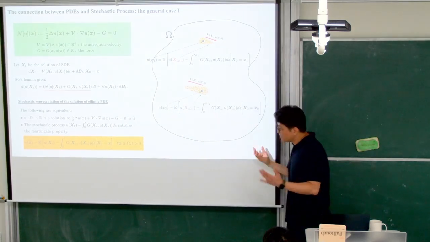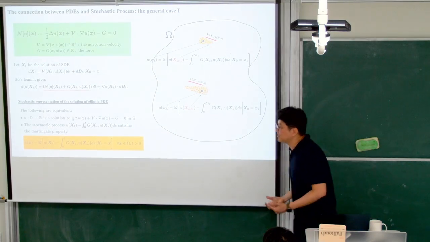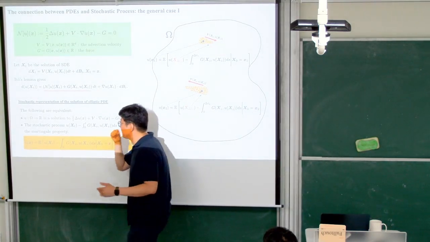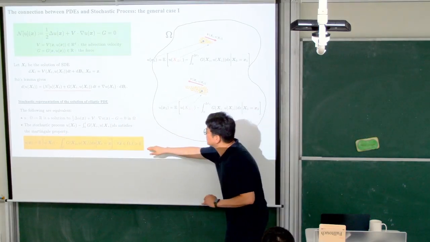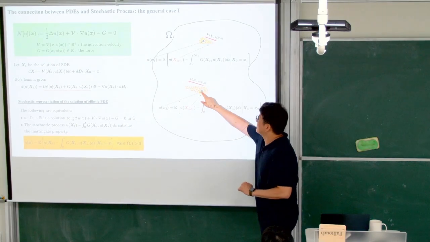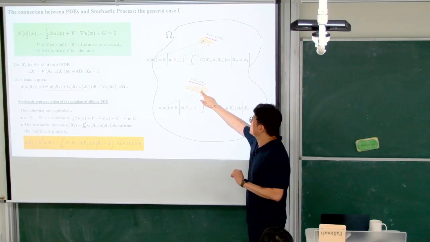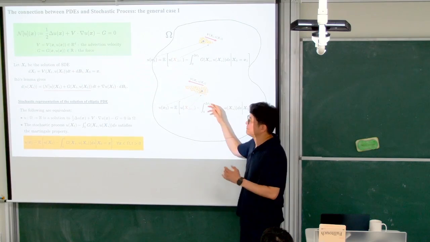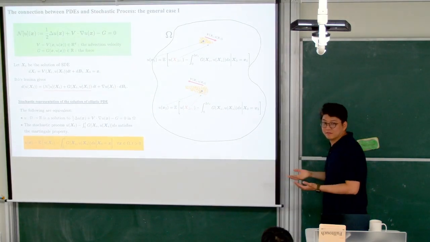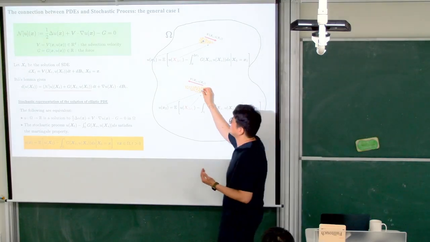But the main idea is that we can represent the solution using a stochastic process. The meaning of this is that here the black dot is an arbitrary point. The solution at this point is the average of these samples, but the samples are not symmetric, right? Because of the drift, it is skewed.